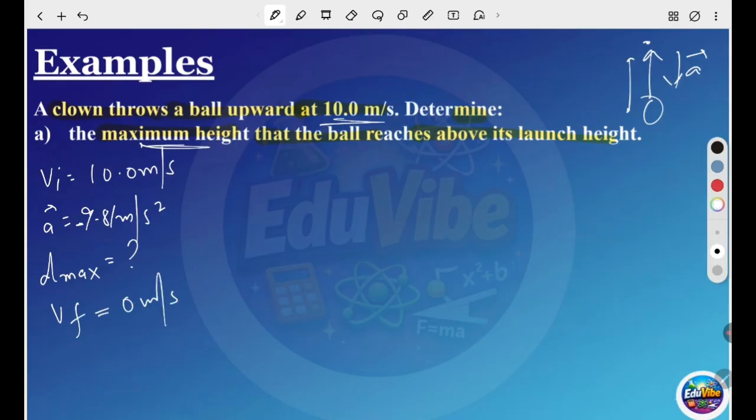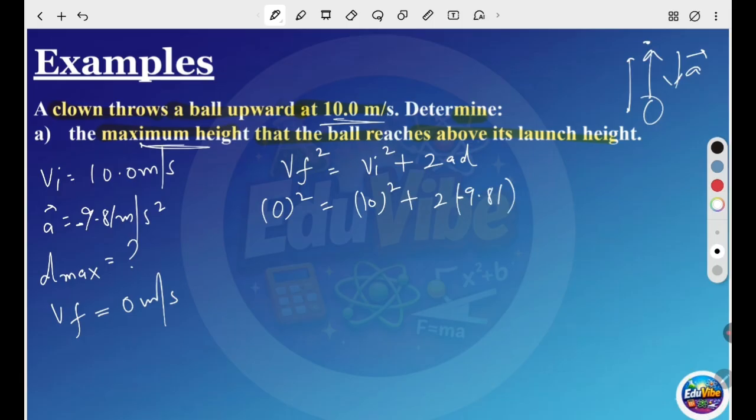The final velocity is 0 meter per second. To find this, we know the kinematic equation: vf square is equal to vi square plus 2ad. From here we have vf square, which is 0 square, vi is 10 square, plus 2 times 9.8, which is negative. We have to find d.